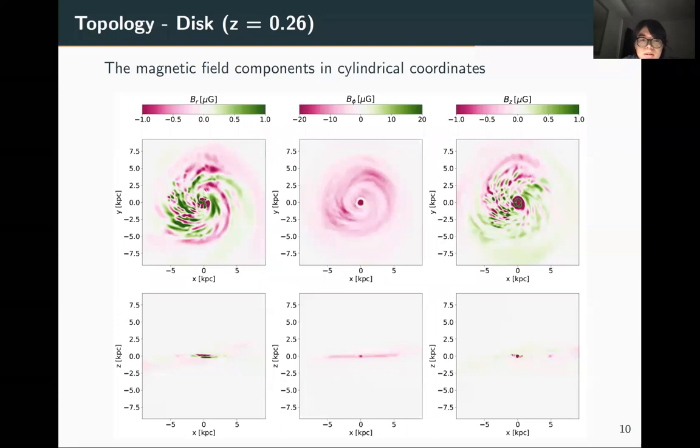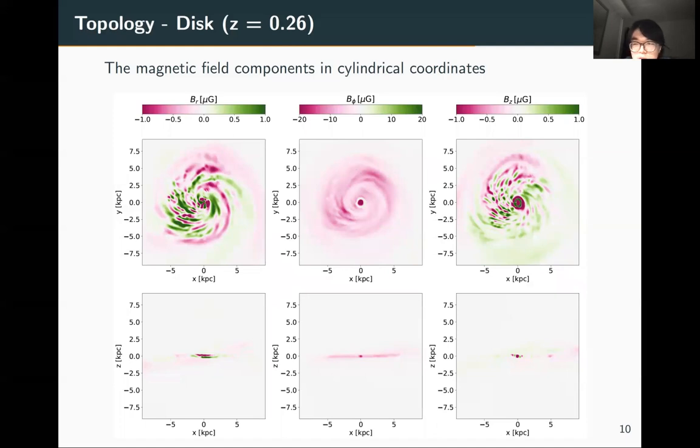And finally, to understand the topology of the magnetic field, we decompose the field in cylindrical coordinates. We can see that the magnetic field is dominated by the toroidal component with a typical strength of around 10 microgauss.